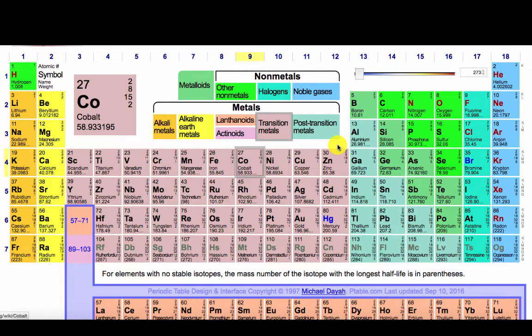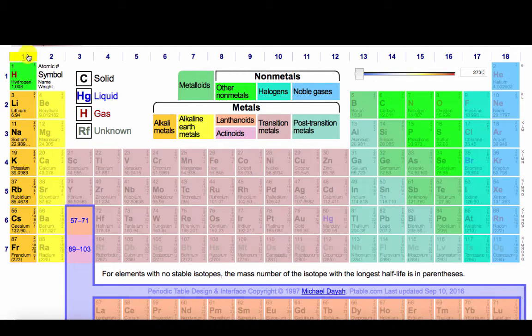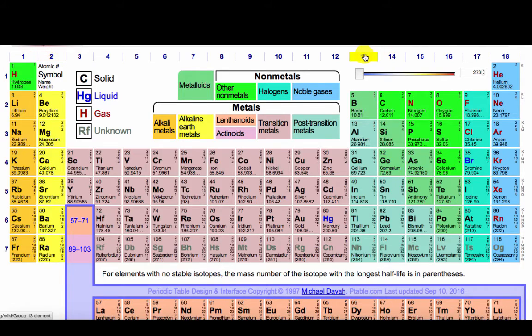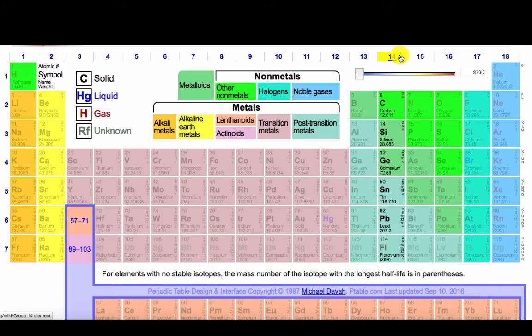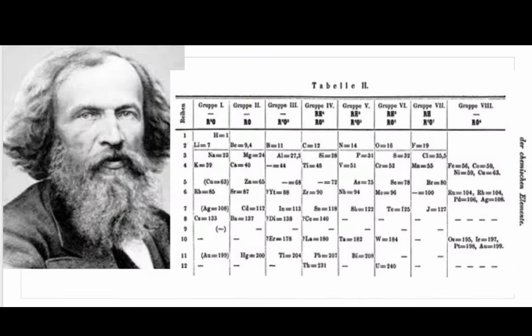All of these things in his time were incorporated in a slightly different way on his periodic table. But again, if you look at group 1, group 2, and then 13 becomes 3A, 14 becomes 4A, 15 becomes 5A, 16 becomes 6A, 17 becomes 7A, 18 becomes 8A. If you remember that, that's going to help you with this octet rule as we go over it.